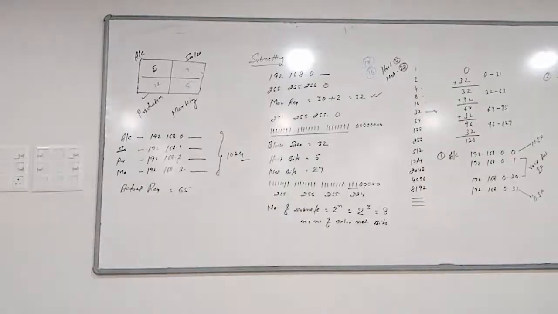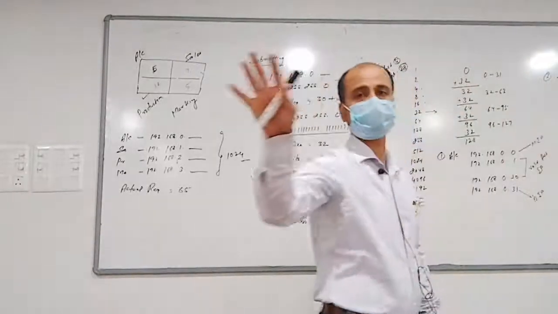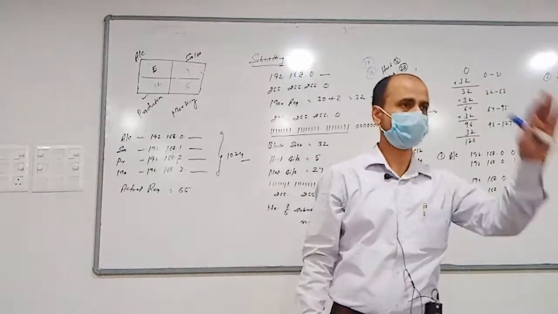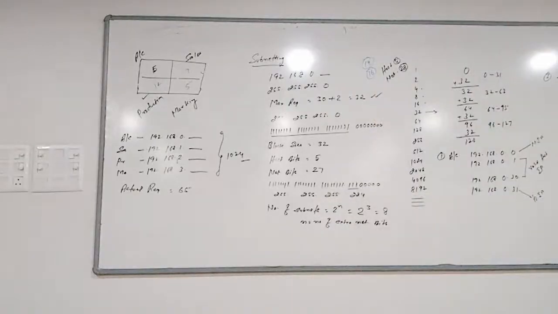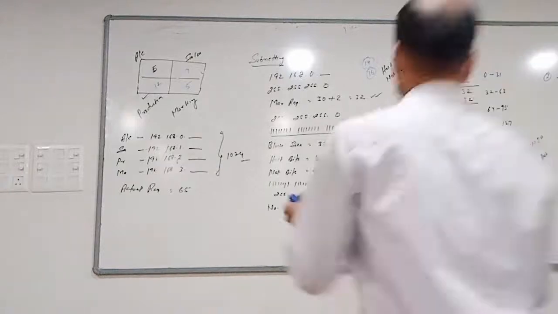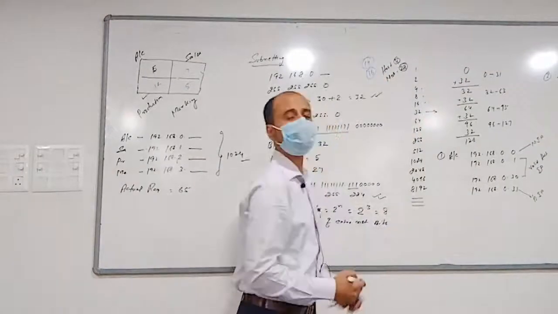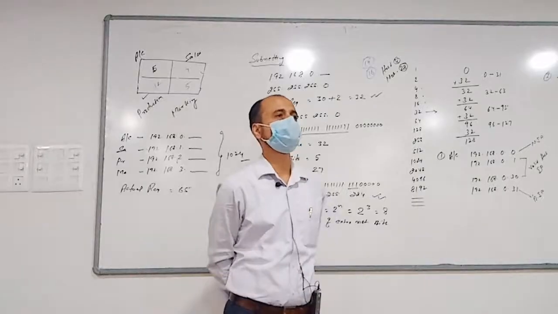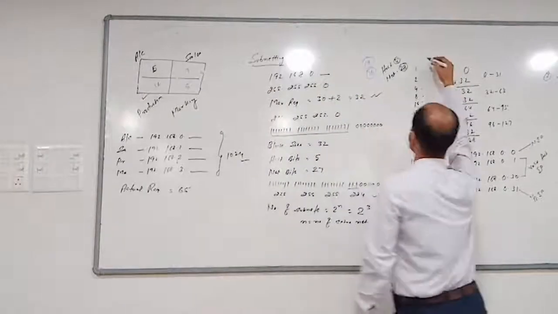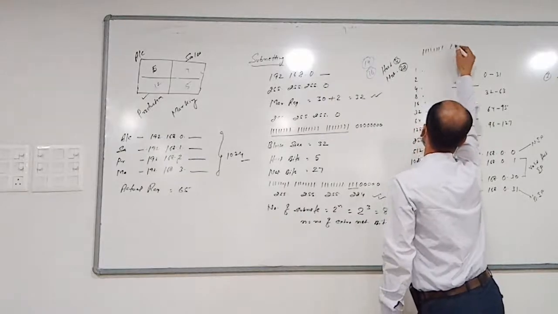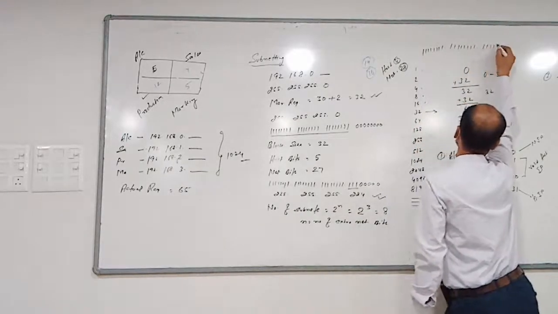Yes. Subnet mask. What will be the subnet mask? No, just give me this value as I have calculated in the subnet mask. We can write like this: 1, 2, 3, 4, 5, 6, 7, 8. 1 to 8. 1 to 8.